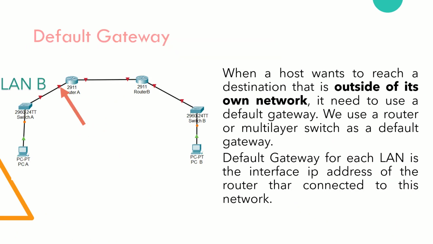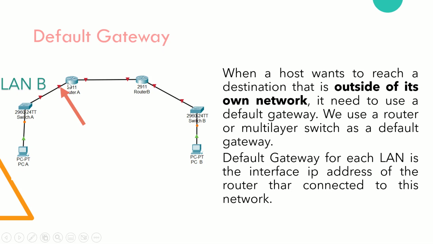Another thing we need before we go to configuration is the default gateway. When a host like PC A wants to reach a destination outside of its own network, because its own network is LAN B, to get to PC B, it needs to use a default gateway. We use a router or multilayer switch as the default gateway.